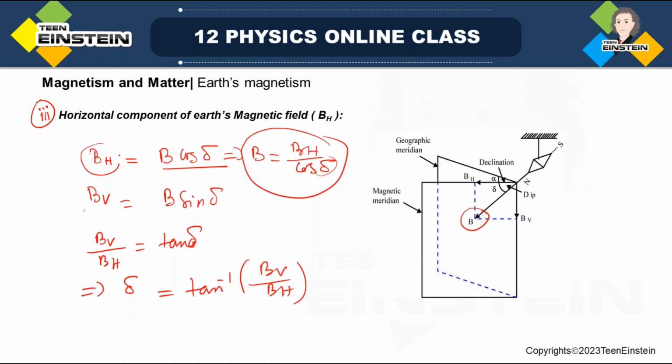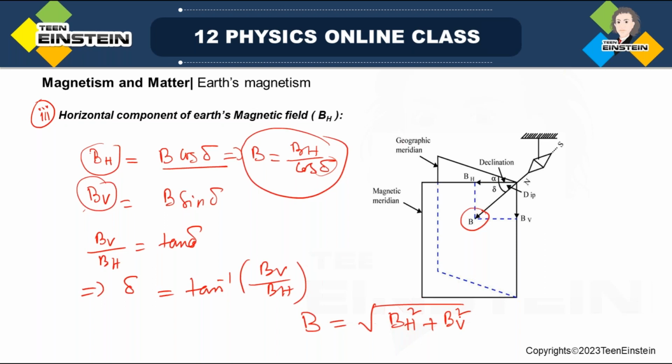If I know both these components, we can also find the magnitude of the total magnetic field vectorially, from the square root of BH square plus BV square. So this is another way to find it.